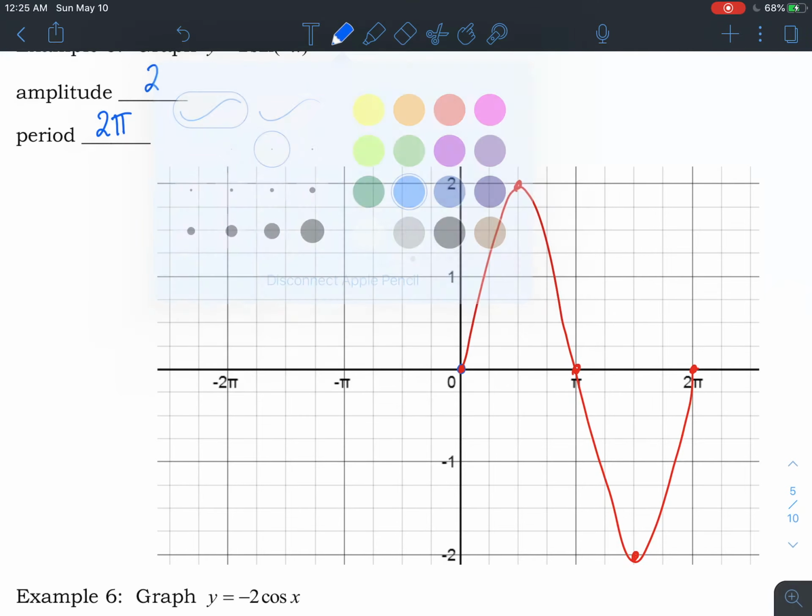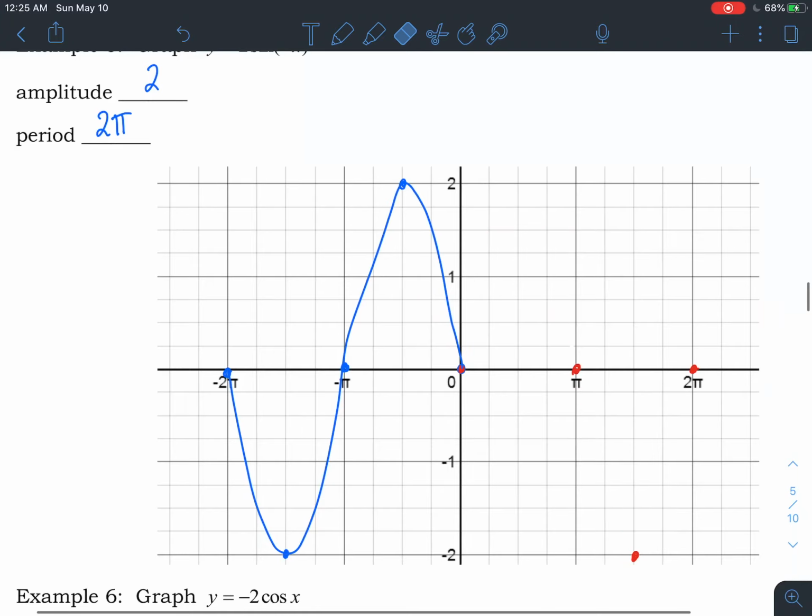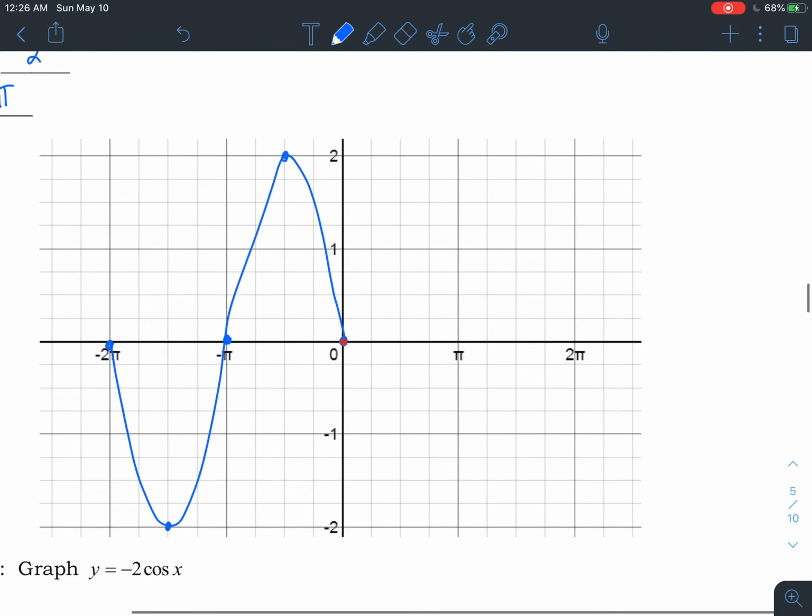But when I reflect that horizontally, I still am going to go up first, down, down, up, and I have this wave. Now, if I continued that blue wave, I'm going to erase my red one now. If I continued that blue wave, I end up continuing by going back down here, here, and there.